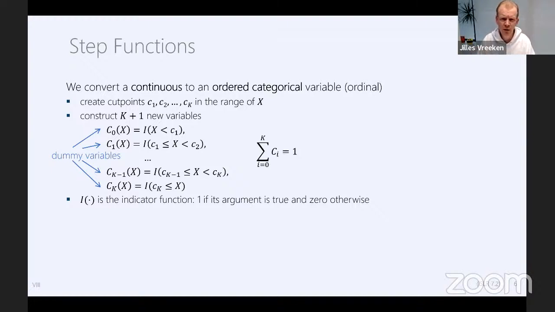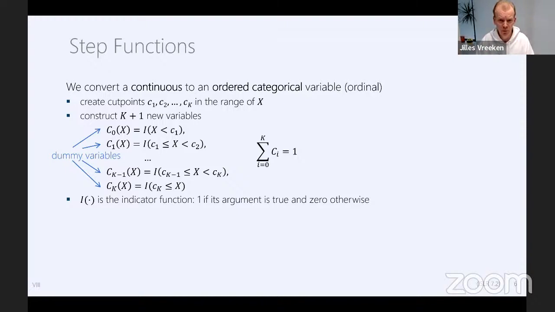So effectively, with a cut point, we're creating a new variable, an indicator variable: is the value of x lower than cut point C1? If so, the newly constructed variable C0 of x will be 1. Same thing if the value of x is between C1 and C2: this indicator will be 1, and our newly constructed dummy variable C1 will take the value 1, otherwise 0.